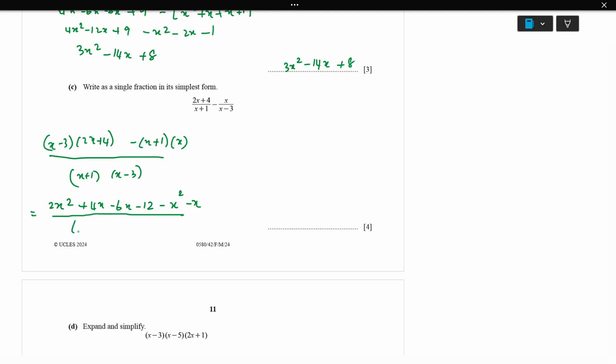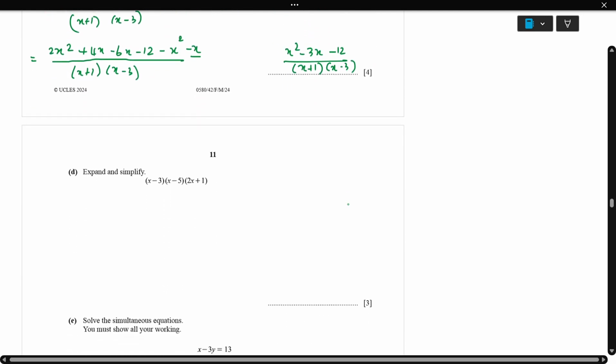Here no need to expand the denominator, we'll write x plus 1 times x minus 3. The numerator is 2x square minus x square, which is x square, then minus 7x plus 4x minus 3x, and the constant is negative 12, over x plus 1 and x minus 3. That's the final answer: x square minus 3x minus 12 over x plus 1 and x minus 3.